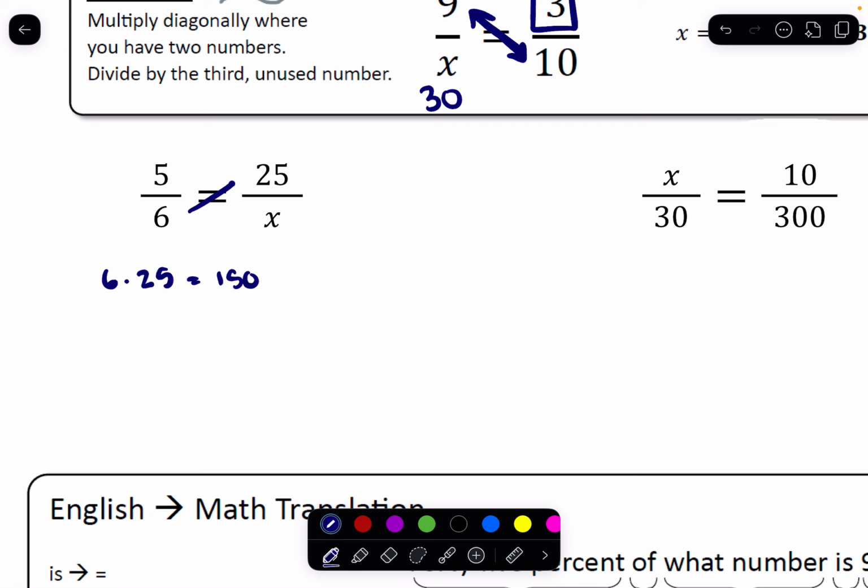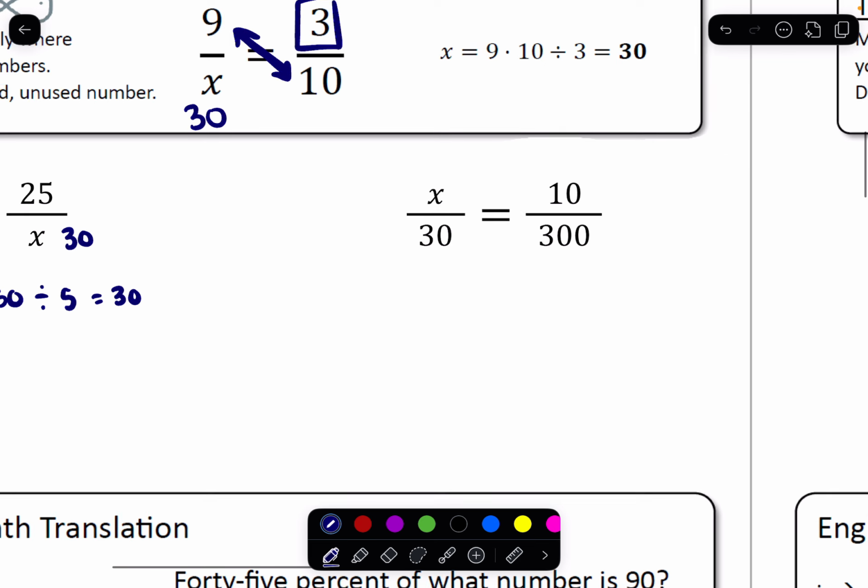Then I'm going to divide 150 by the number that's left over, the 5. 150 divided by 5 is 30. So that means this x being 30 makes the left fraction, 5 over 6, equivalent to the right fraction, 25 over 30. That's what makes that proportion true.